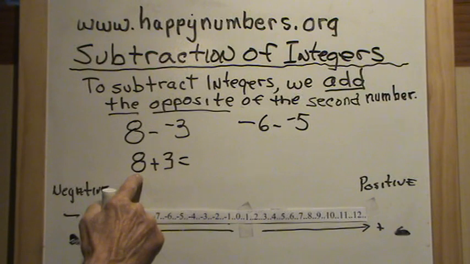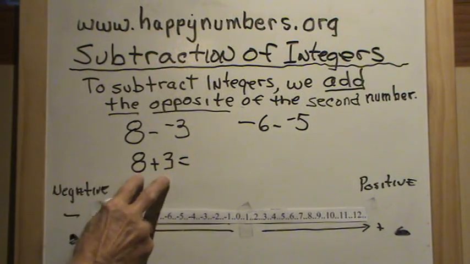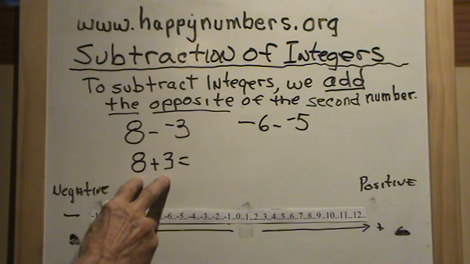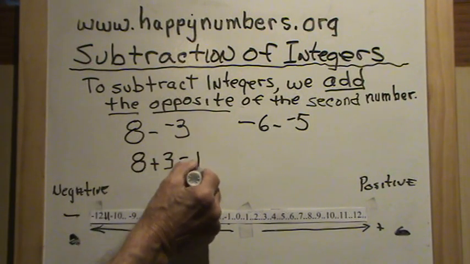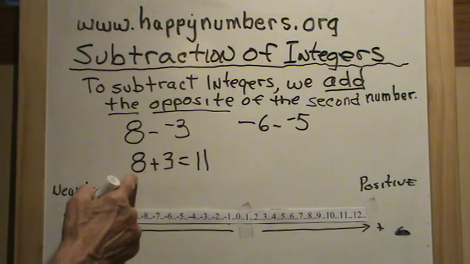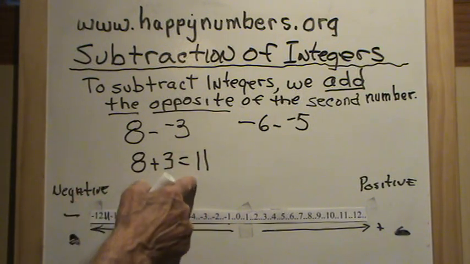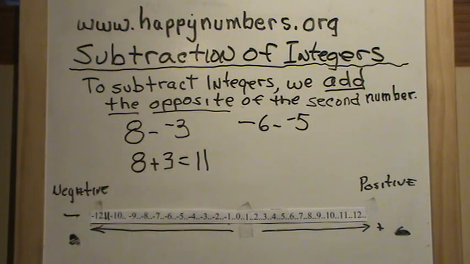So now I have 8 plus 3. I'm adding two signed numbers. The signs are the same, so I just combine the numbers. 8 and 3 is 11. And I used the common sign. They're both positive, so positive 11. And on the number line, that's easy. 8 plus 3, 1, 2, 3, is 11.